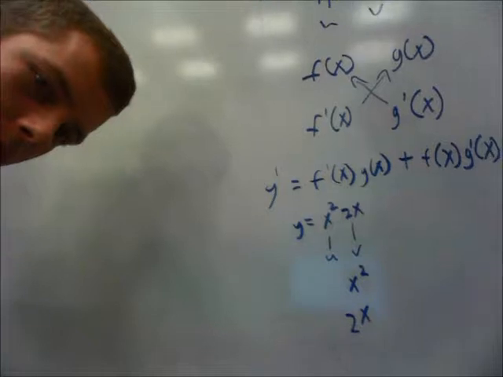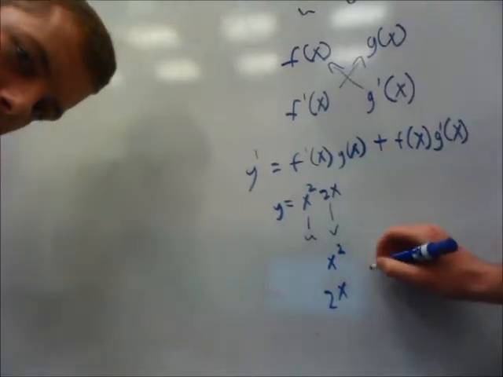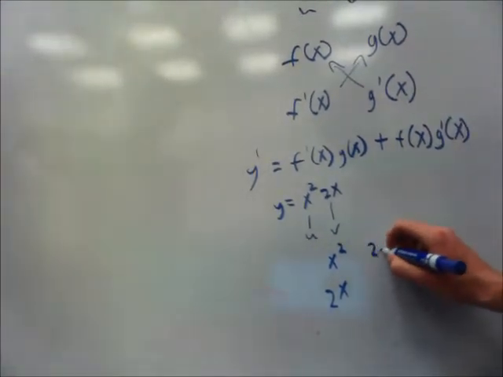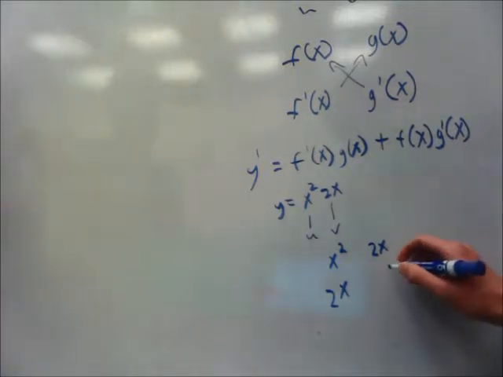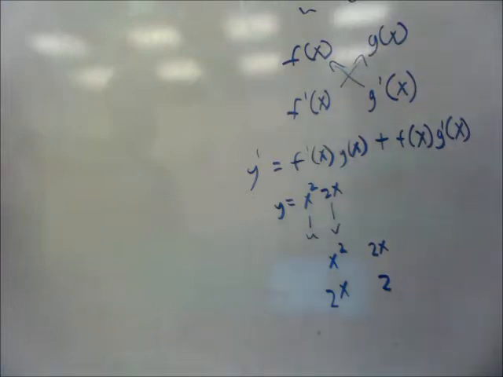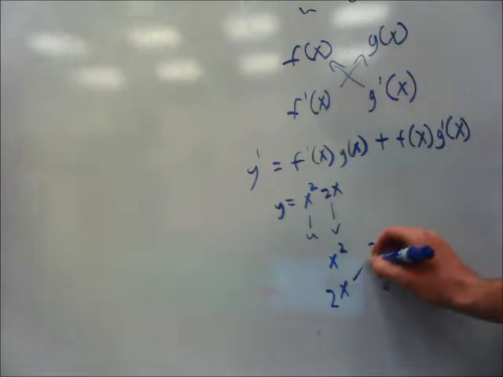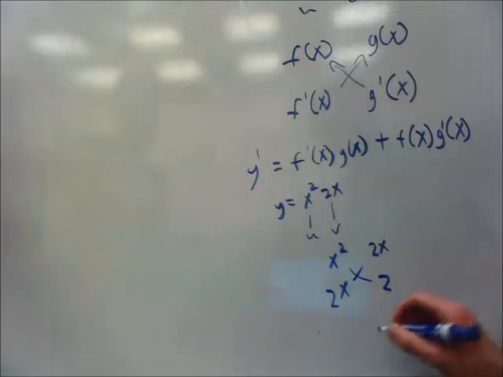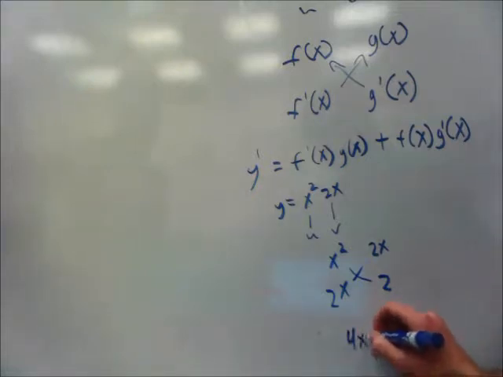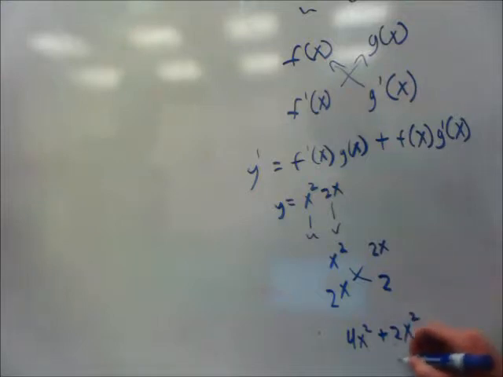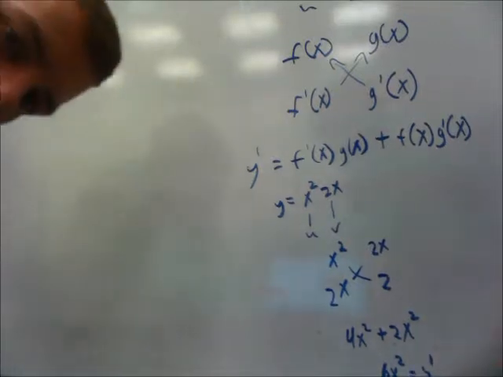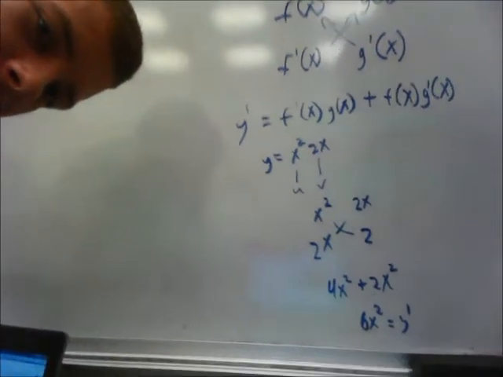So then you'll have your v over here, which is 2x, and your derivative is 2, because it is. And then from there, you multiply that, and you add them together, so you're going to end up with 4x squared plus 2x squared, which comes out to 6x squared. That's your derivative right there. And that is the product rule.